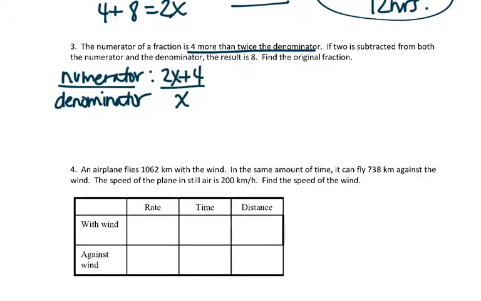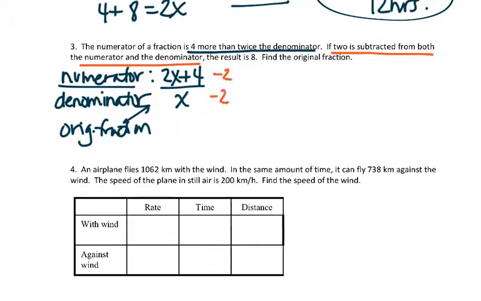So that's what we call the original fraction. Then it says if 2 is subtracted from the numerator and the denominator, that's going to give us a new fraction. 2x plus 2 over x minus 2. So that's the new fraction.